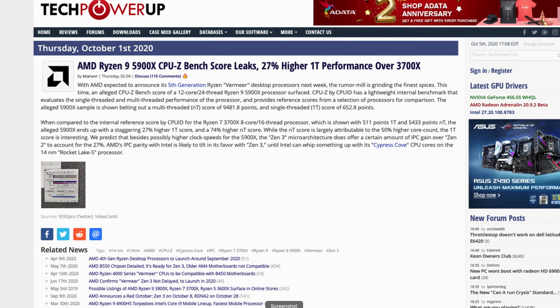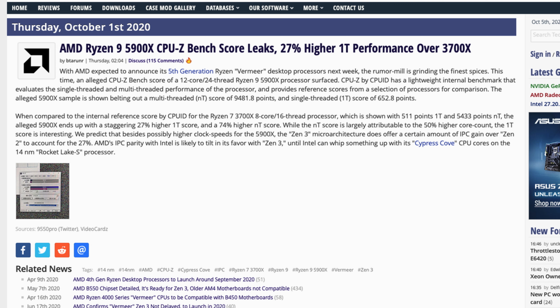I have, in my system, a Ryzen 9 3900X, 12-core, 24-thread processor. It does very well. It tends to clock at about 4.4 gigahertz on most cores. I am in my basement, so I have a lot better thermals. That could be contributing to part of that clock speed, as there is a lot of cool air.